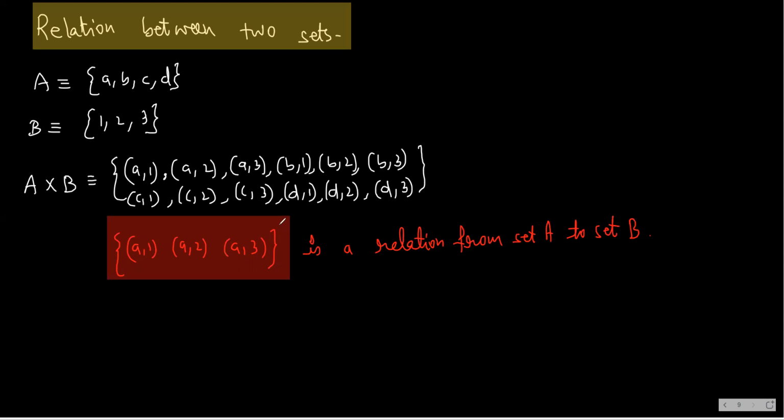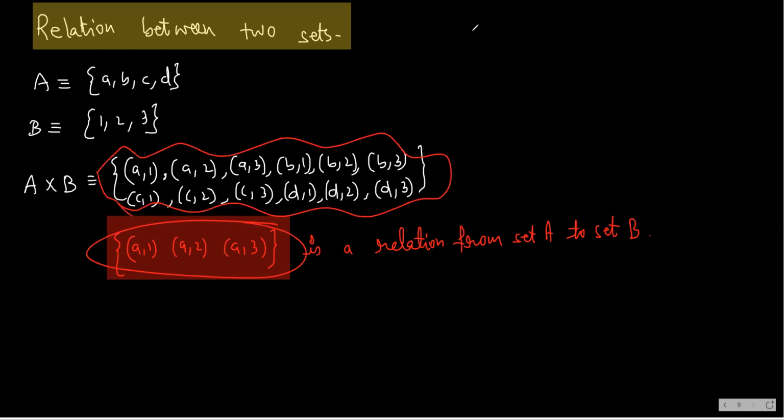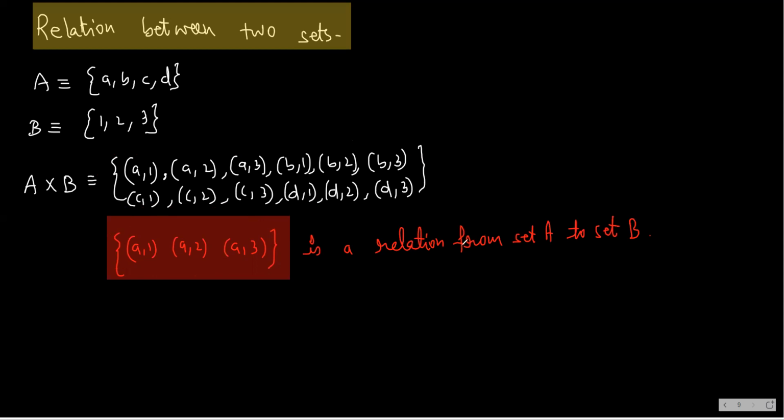Because it is a subset of A cross B. So you will always say relation from set A to set B. You will not say relation from set B to set A.